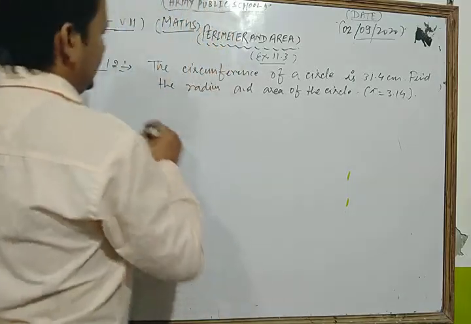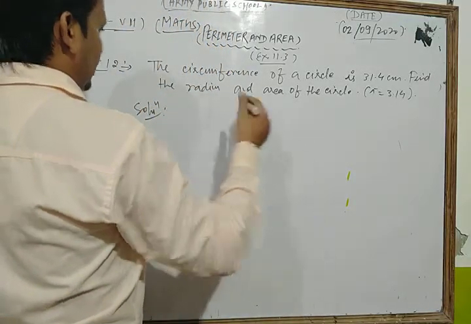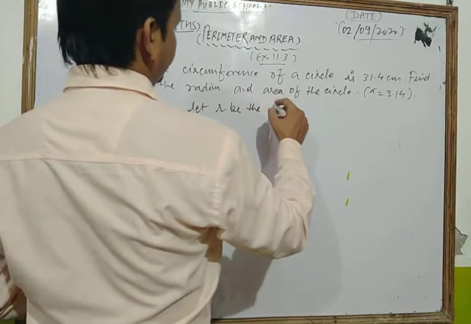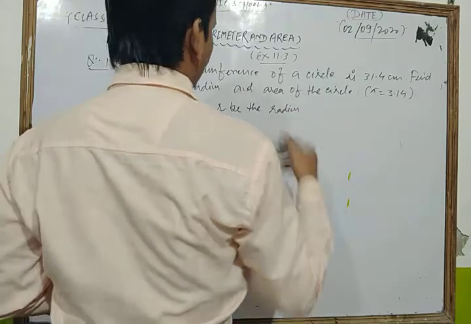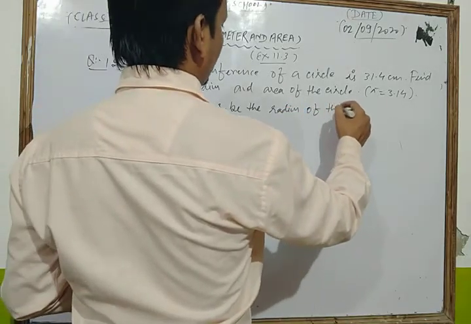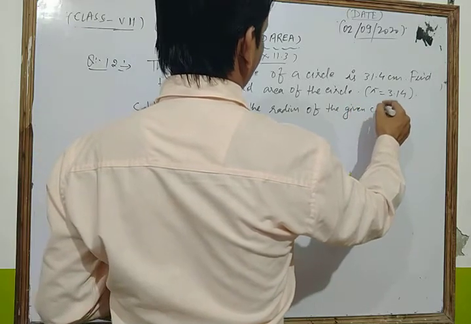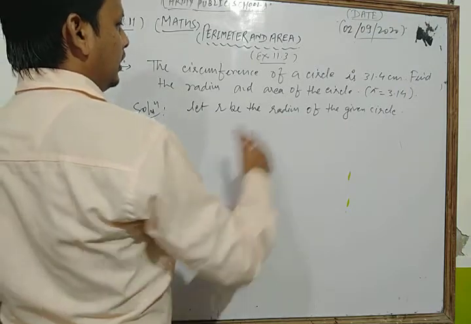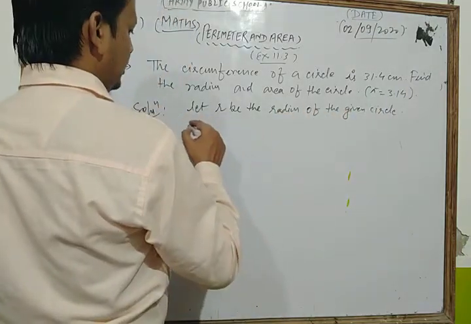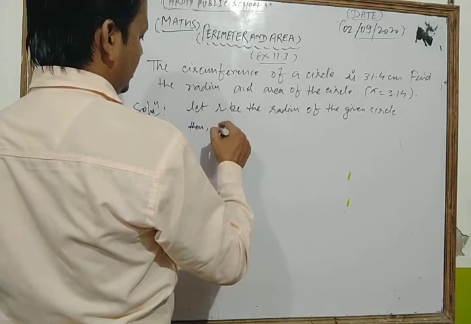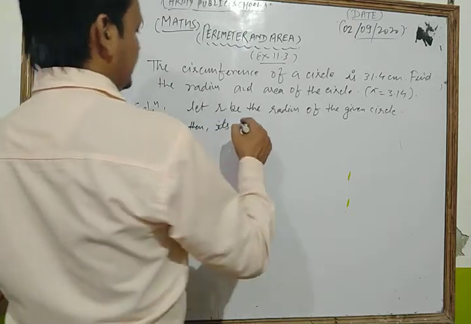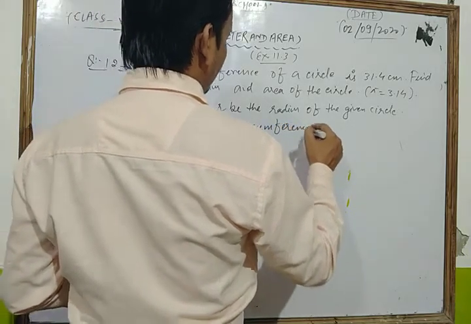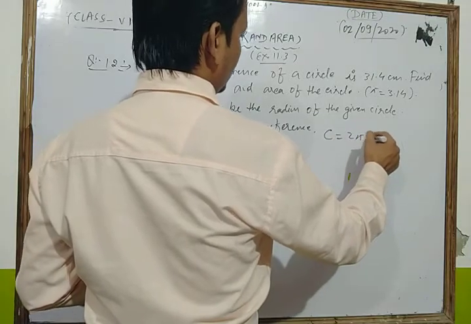Let's see its solution. First of all, suppose let r be the radius of the given circle. Then its circumference is equal to 2 pi r.